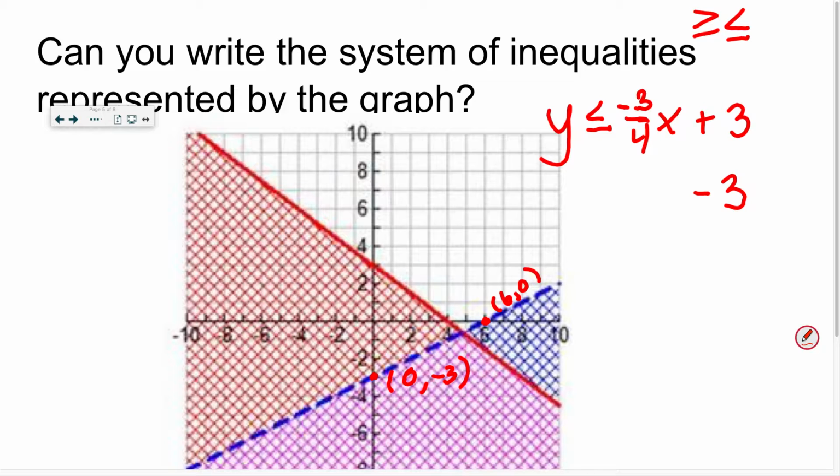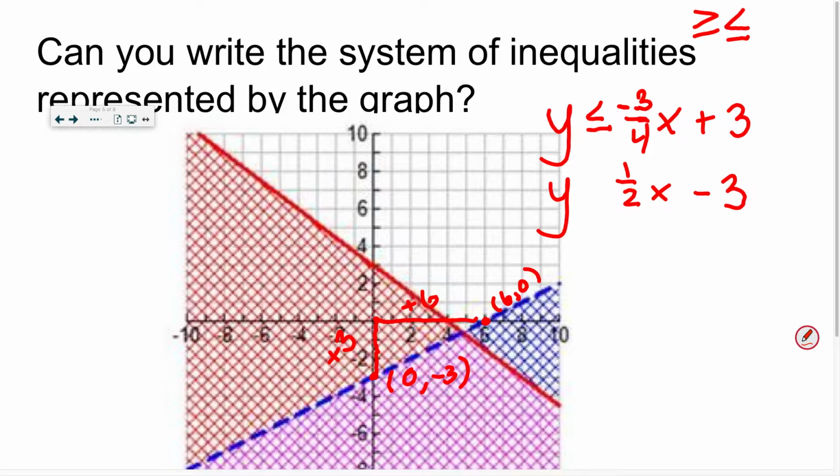Up 3 and over 6. So what's your slope? 3 over 6 x. Can we simplify that a little bit? It could be 1/2 x. Good, Jamie. Now we have y, a missing symbol, and then 1/2 x minus 3.